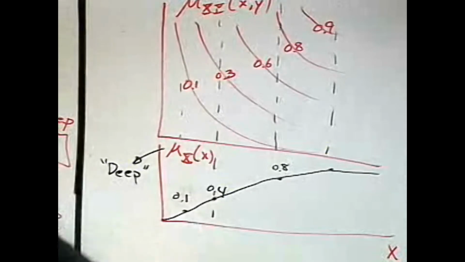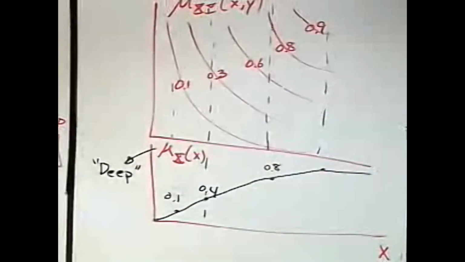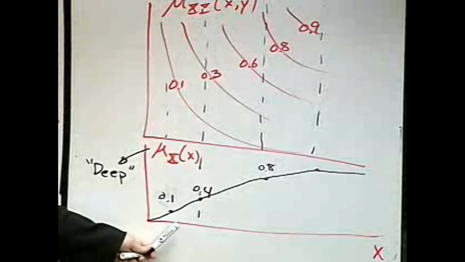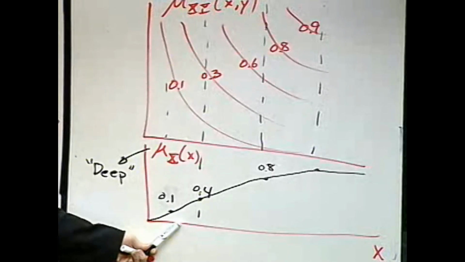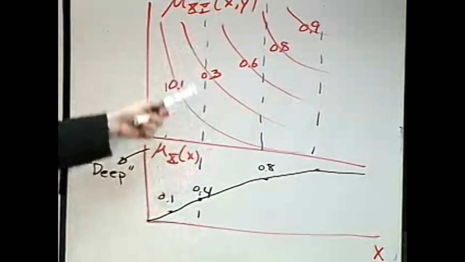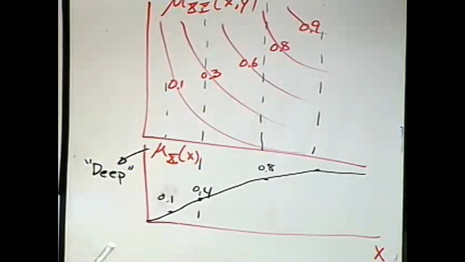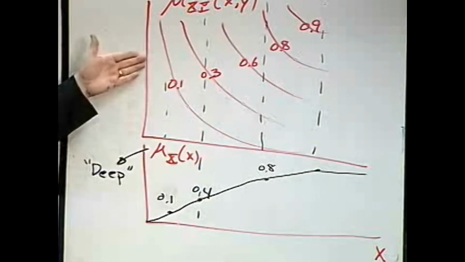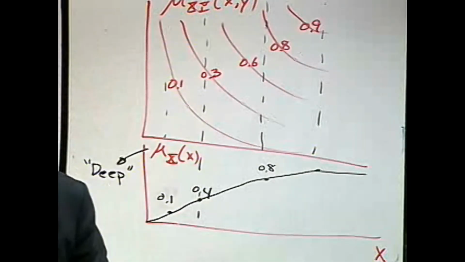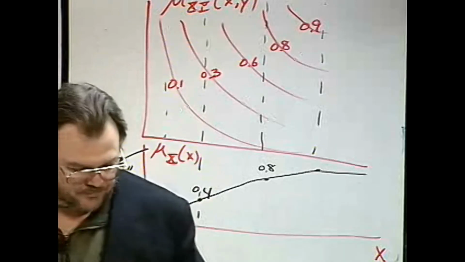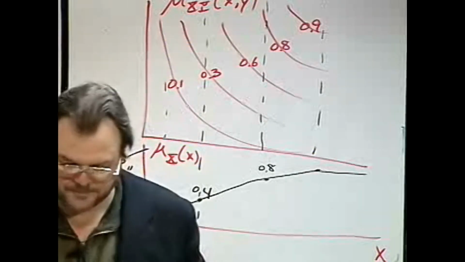If I said, give me a membership function for deep lakes as a function of depth, you would come up with a strictly increasing function which looked like this. That's exactly what you would do. So we can see that this concept is very nice and intuitive in terms of coming out with marginal membership functions which are very akin to the corresponding joint density function. Of course, this concept extends to higher dimensions.